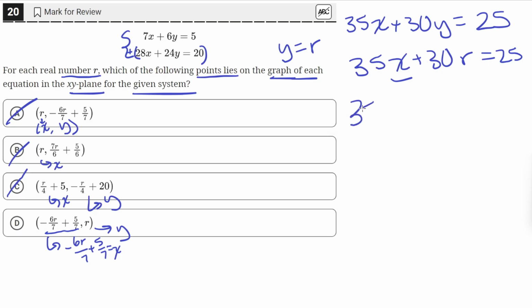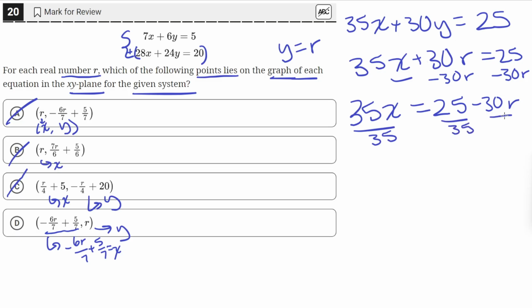We'll subtract 30r from both sides, so we'll have 25 minus 30r, and then we can divide everything by 35. This way, we can get rid of the coefficient in front of the x.